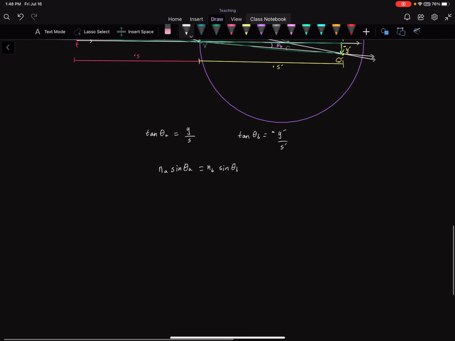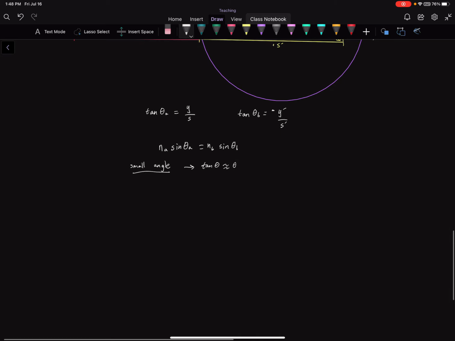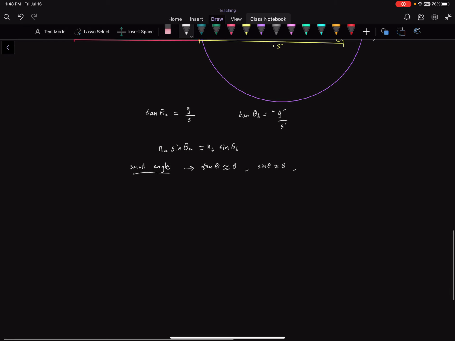And so if we do assume small angle, then we can say that tangent theta is about equal to theta itself. And also that sine theta is about equal to theta itself, right? And so therefore, interesting thing that comes out is that tangent of theta is about equal to the sine of theta, because they're both about equal to theta, right?